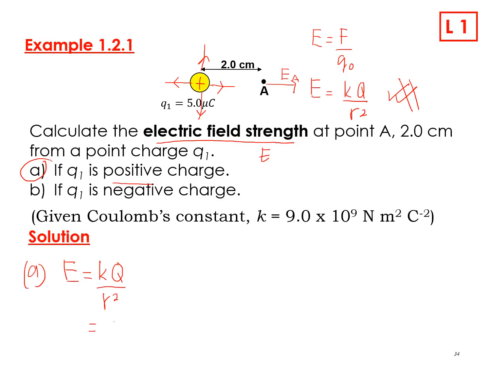K is 9 times 10 to the power of 9, remember that. And then Q, 5 micro, micro is 10 to the power of negative 6. And R is changed into meter.